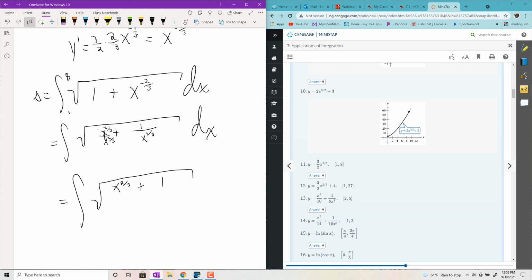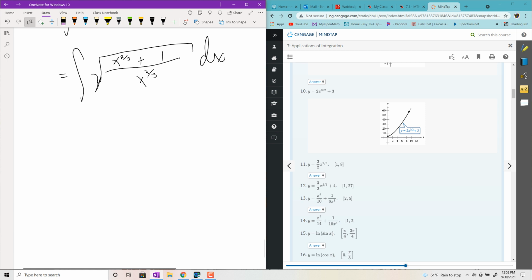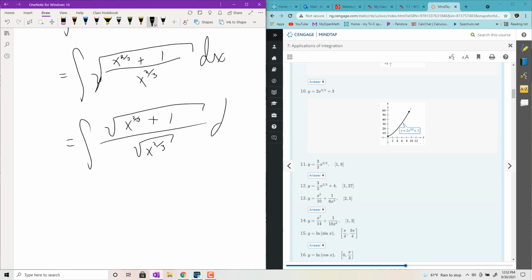And I can simplify the denominator. I can move it out of the root. Right now it's in the square root, but the square root of a quotient is the quotient of the square roots. So I can rewrite this as square root of x to the 2/3 plus 1 all over the square root of x to the 2/3 dx.